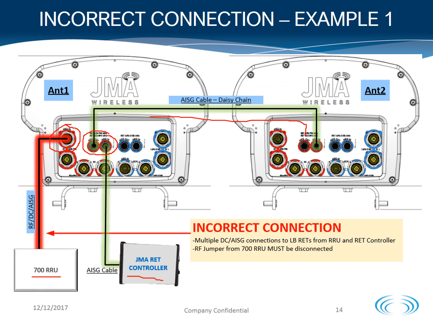The incorrect connection here is the RF connection of the RRU to the RF port. You must contact the switch to have the 700 RRU disabled and disconnect this RF jumper to ensure there's no multiple DC and AISG coming in at the same time as the RET controller.